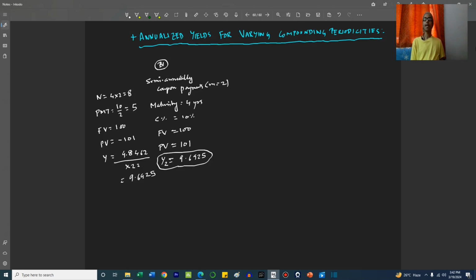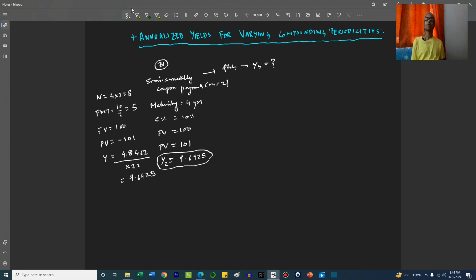Now let's say instead of being compounded semi-annually, this bond was compounding quarterly. Then what will be the annualized yield?